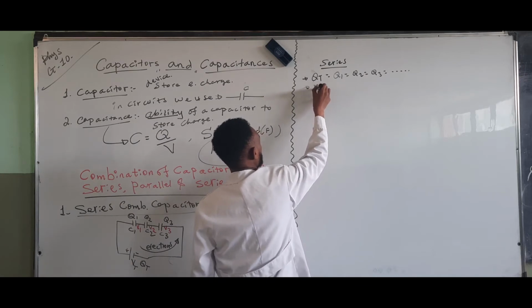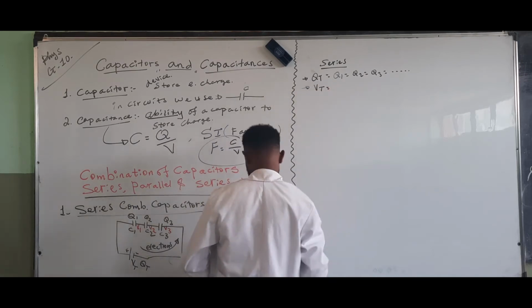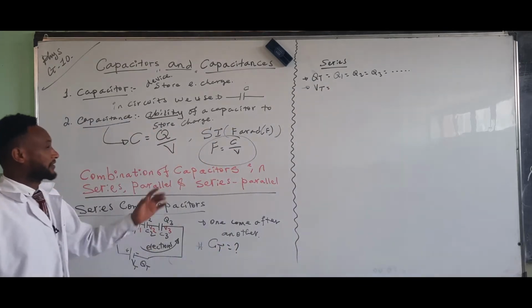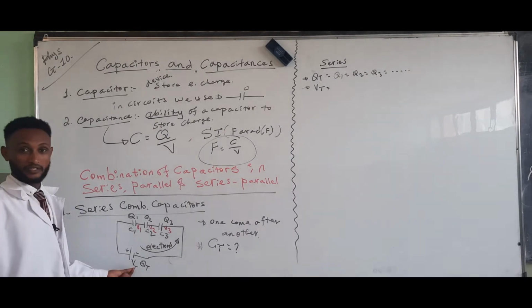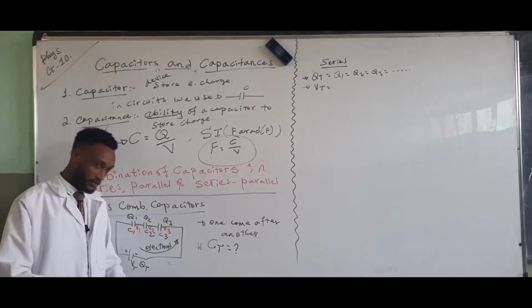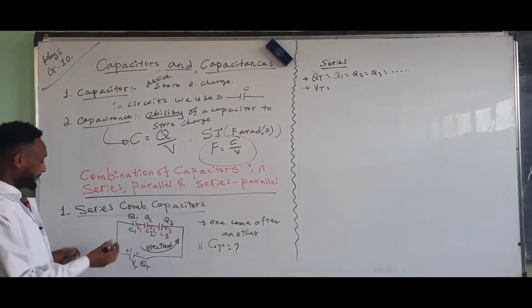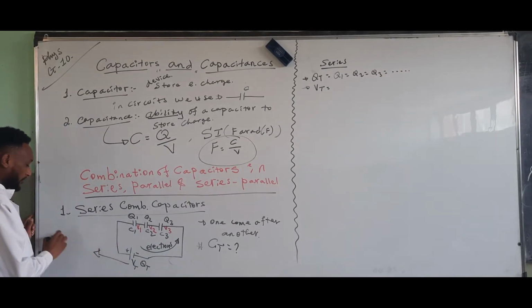The total voltage equals, in the measurement of voltage, we know that the voltage across a circuit is measured by a device that we call a voltmeter.